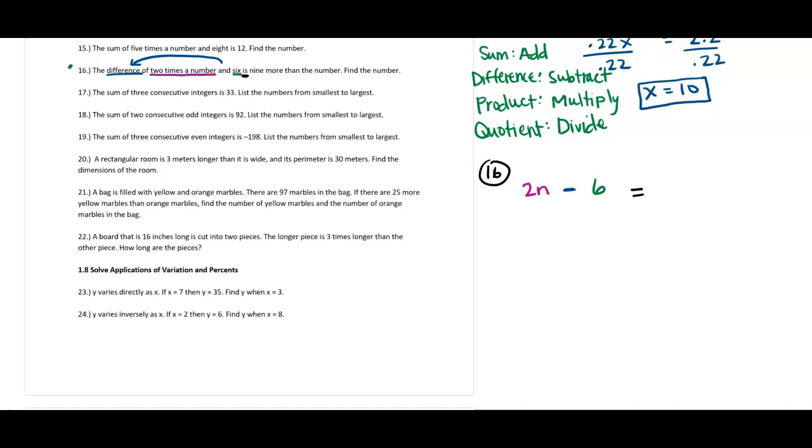Now let's look at the other side of the equation. 9 more than the number. Right, so "9 more than" is another way to say add, right?